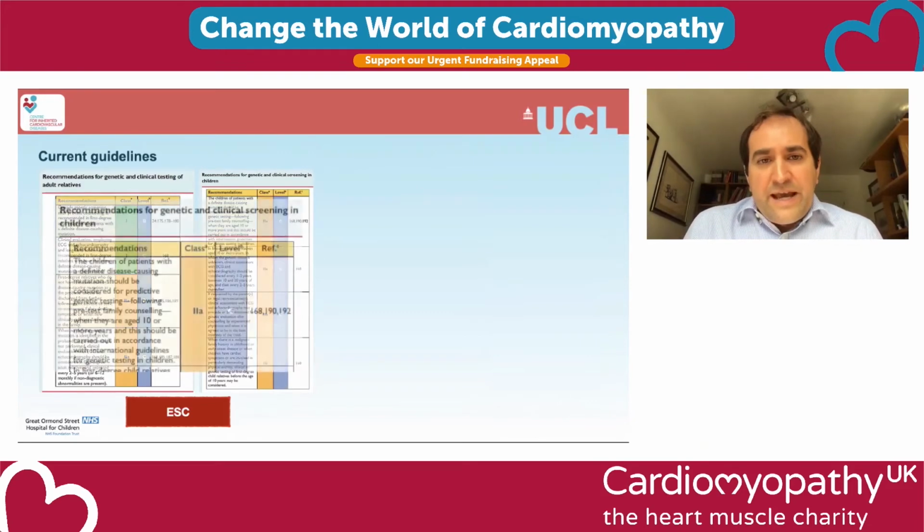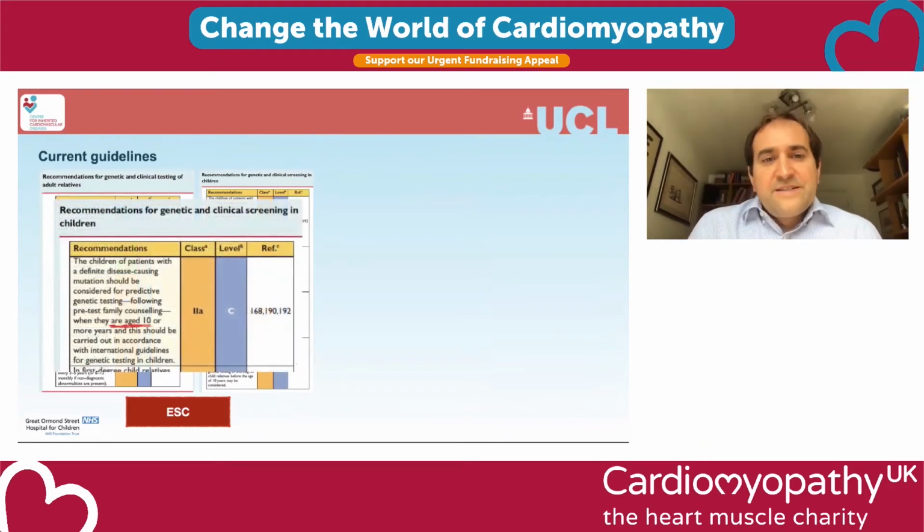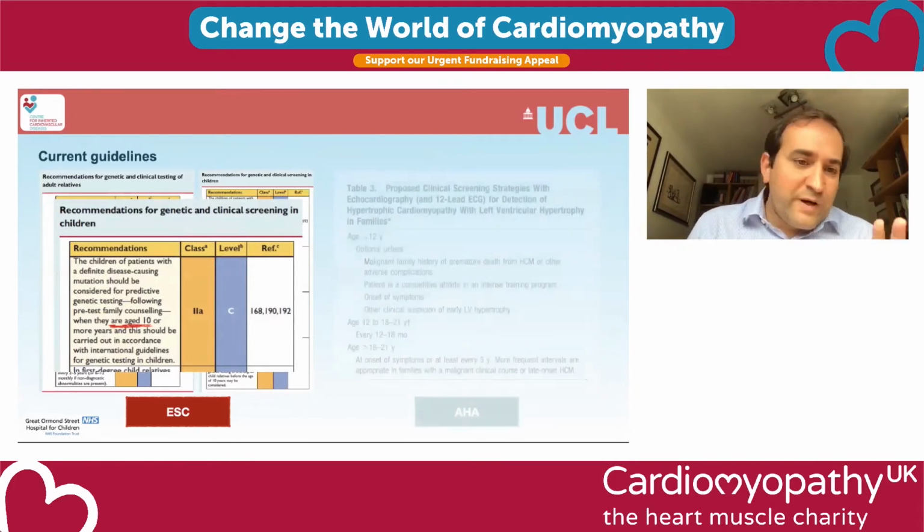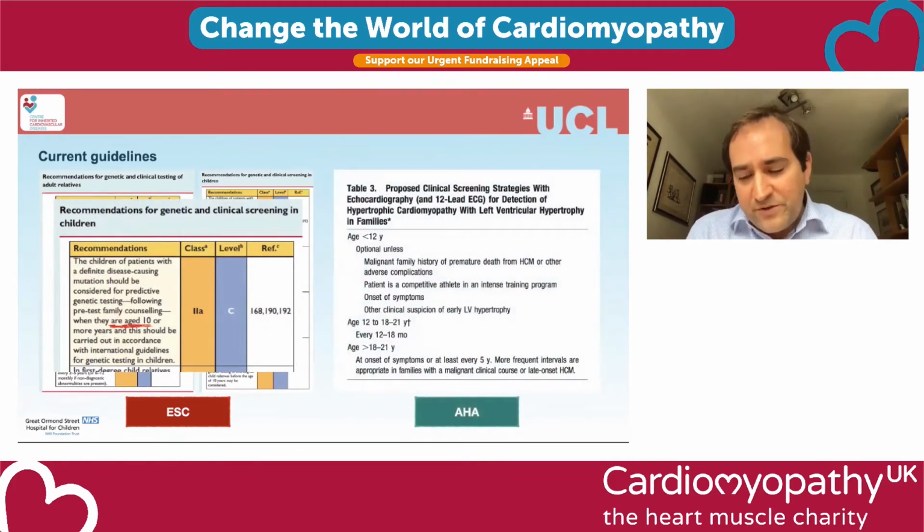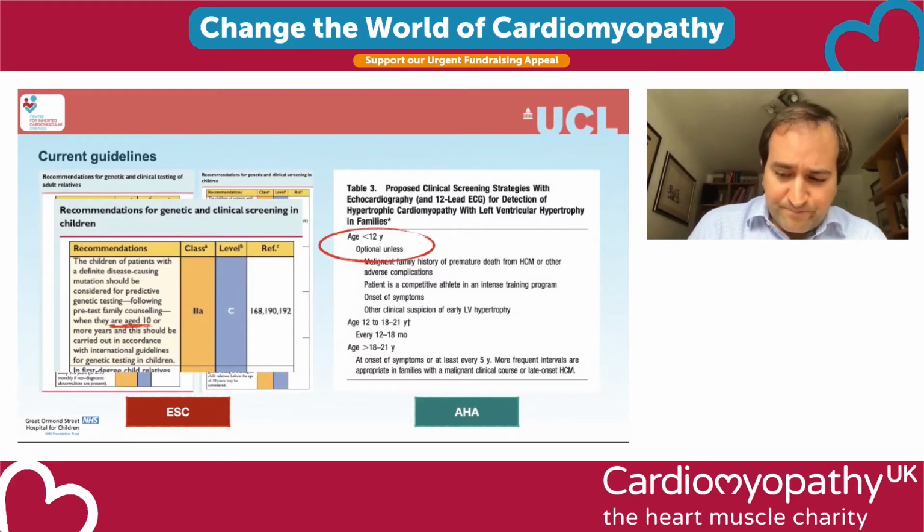At the moment, the guidelines say that this sort of screening should start from the age of 10 or 12, depending on whether you look at the European or the American guidelines, but they currently don't recommend routine clinical or genetic screening for most cardiomyopathies below the age of 10 or 12.